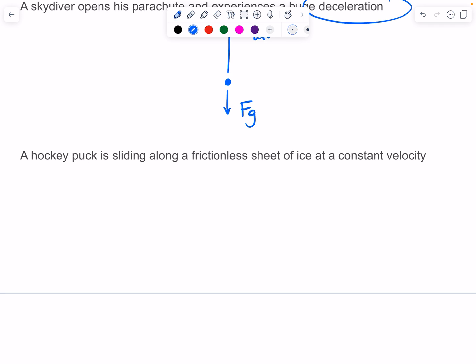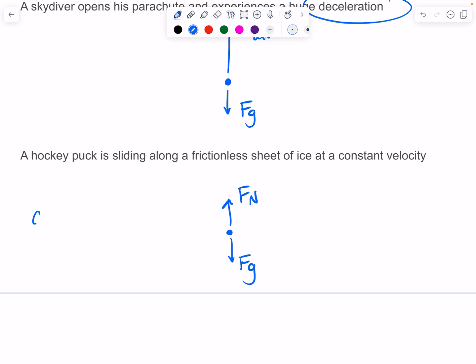Lastly, a hockey puck is sliding along a frictionless sheet of ice at a constant velocity. If it's at a constant velocity, I know all forces have to be equal and opposite. I know that force of gravity is acting straight down, normal force perpendicular to the surface. Now, if it's moving, that's great, but remember, applied force is a contact force.